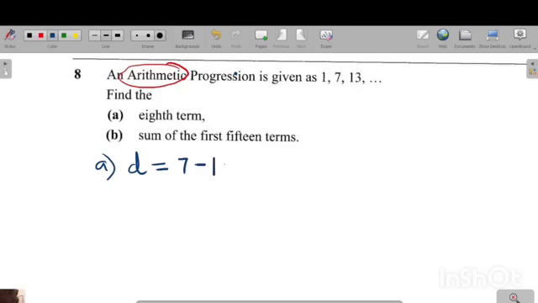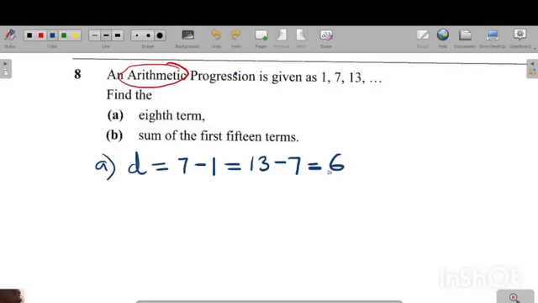It should be true also because the terms in this sequence increase by the same amount. So it should also be true when you say 13 minus 7, which gives 6. So the common difference is 6.